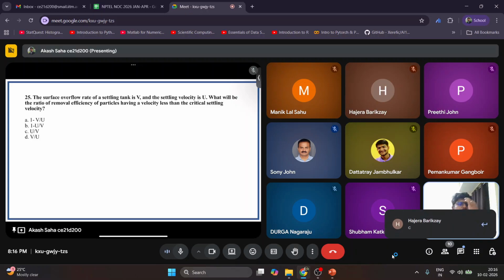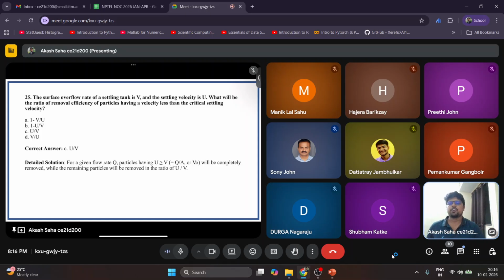So it should be C. Vs is the settling velocity, which is denoted by U here, and V naught is the overflow rate, which is denoted by V here. So U by V. So for a given flow rate Q, particles having U greater than or equal to the surface overflow rate will be completely removed, while the remaining particles will be removed in the ratio of U by V.